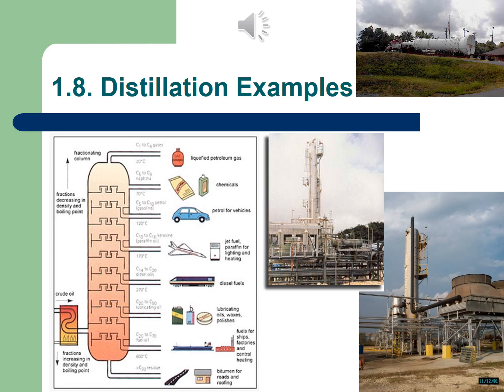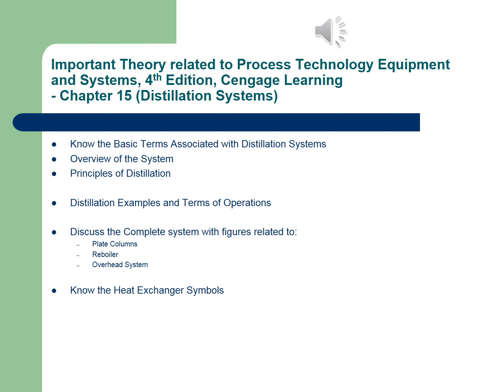And then on the right hand side, you can see some examples of typical distillation columns that you can find in industry. Okay, so you can also consult chapter 15 out of the textbook, Process Technology, Equipment and Systems. There are certain points mentioned there that you can look at especially. But I would say that this PowerPoint or the slides is very important.